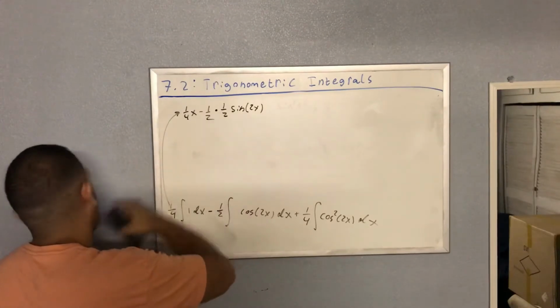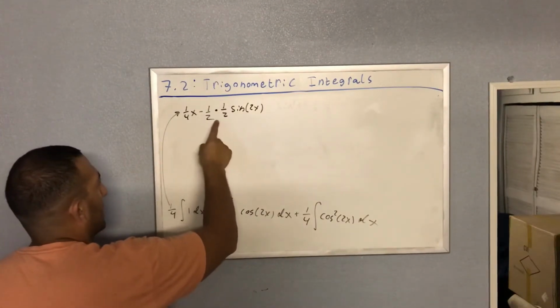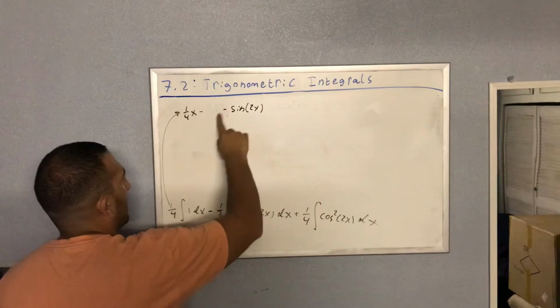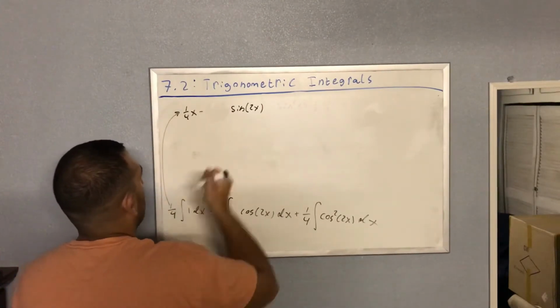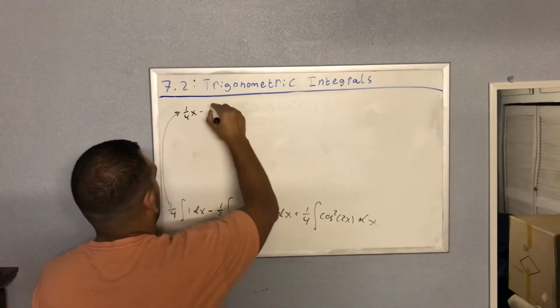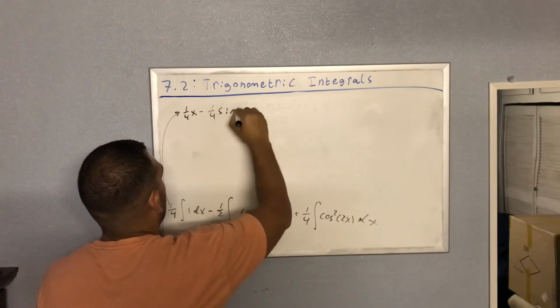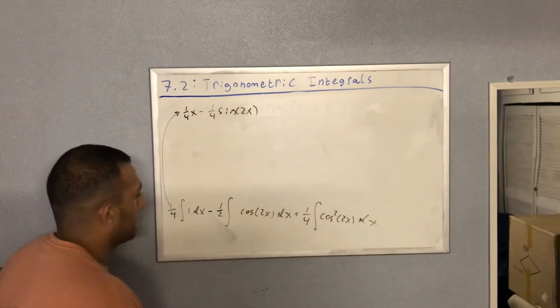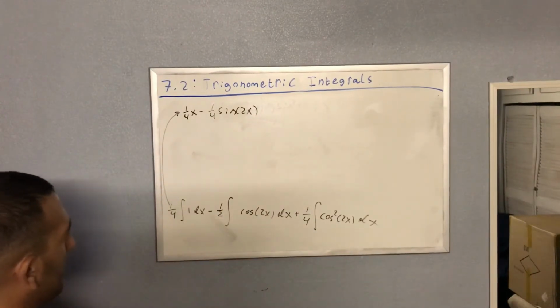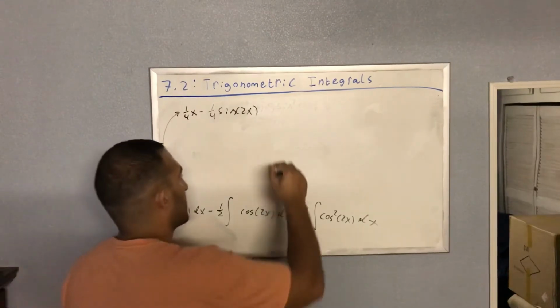So yes, now the 1/2 and the 1/2 do give us a 1/4. So we have minus 1/4 sine of 2x. And now we're kind of stuck with this guy.